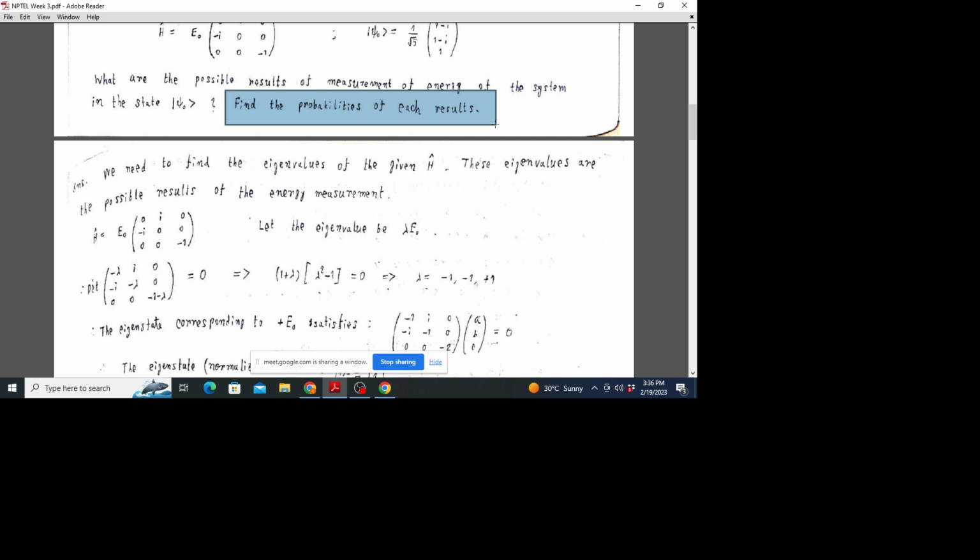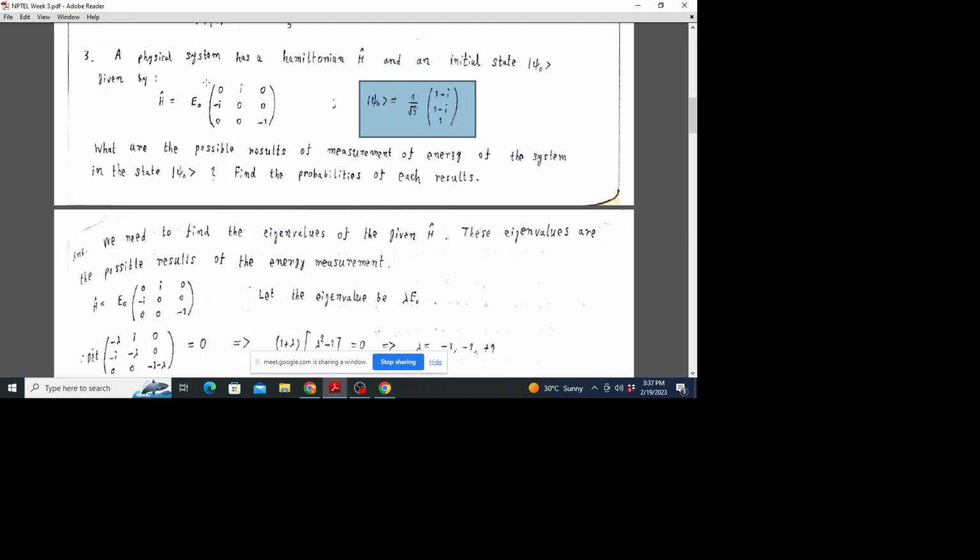We have just found the eigenvalues of this Hamiltonian. Of course there will be corresponding Hamiltonian eigenstates. And psi naught is explicitly given as some column vector, some state.